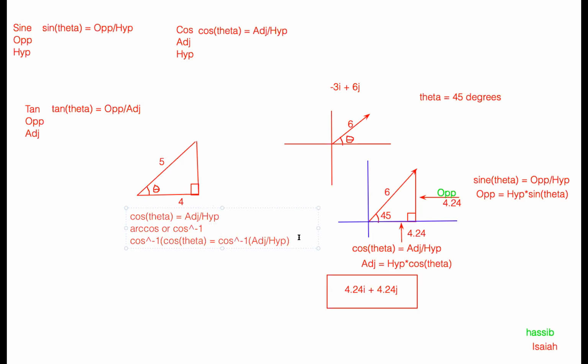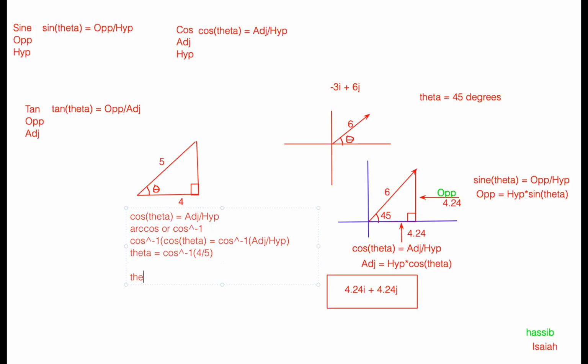If you cosine inverse a cosine, they cancel out and all you have left is theta. Then to calculate, you put in your calculator the cosine inverse of your adjacent, which in our case is 4, divided by our hypotenuse, 5.